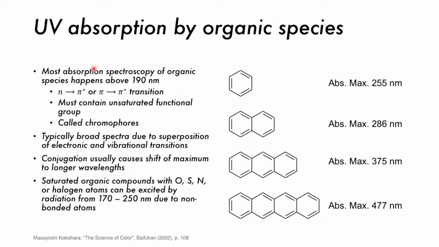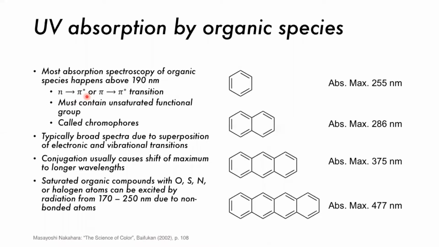So typically, these are the transitions which we can view: n non-bonding to pi star antibonding, or pi to pi star antibonding. So this must contain an unsaturated functional group, and these unsaturated functional groups are called chromophores.